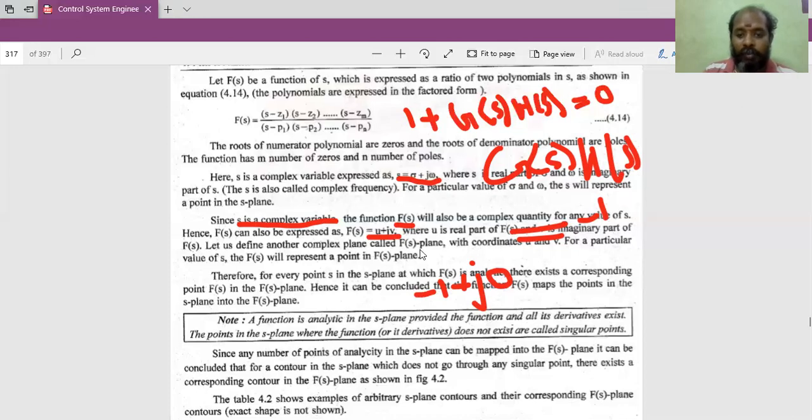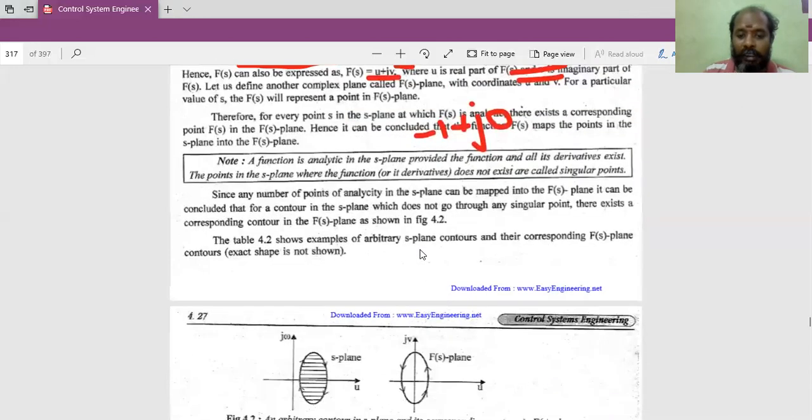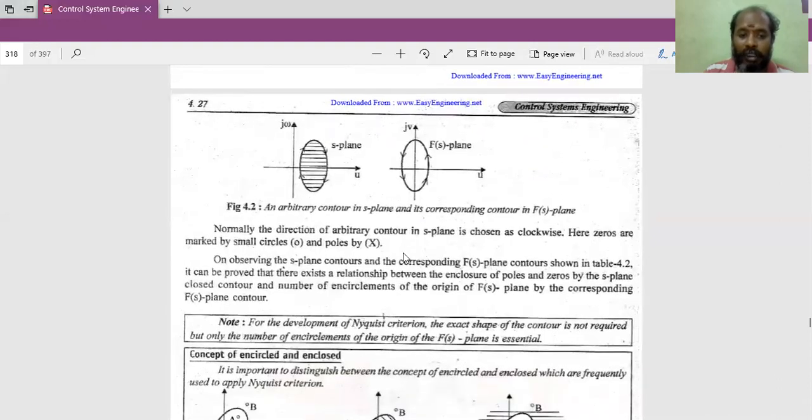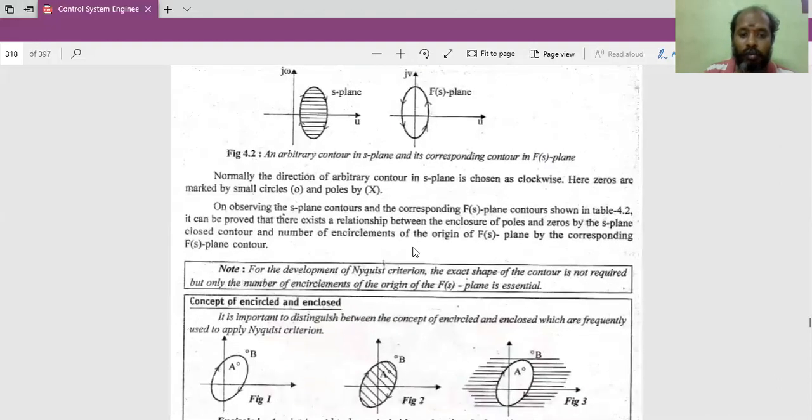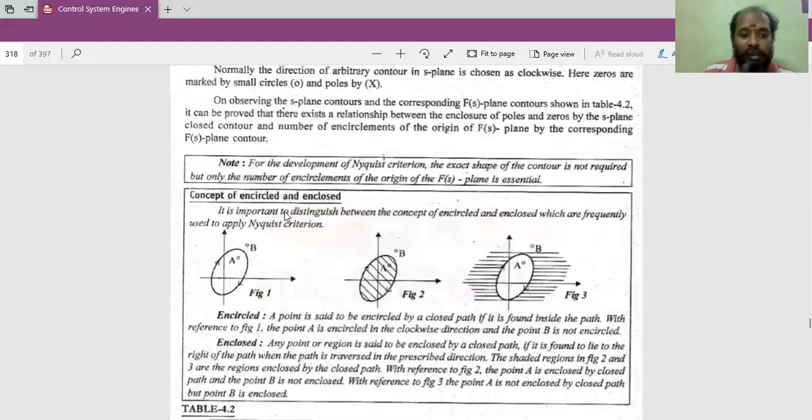Before getting into the definitions and all, we will be introduced to two most important terminologies. One is called encirclement and the other enclosement. What is encirclement and enclosement? Because we are so worried about the roots in the right hand side of the S plane alone.